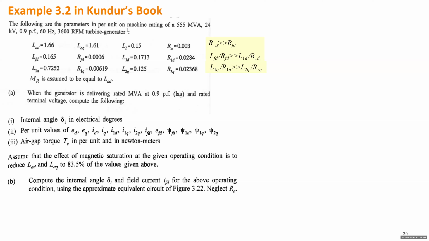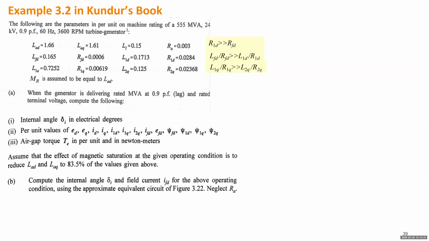Similarly, for this one, you consider the second damper winding. When you consider separate damper windings, if you calculate the ratio for the first one and the second one, the first one is much bigger than the second one. If you ask me why this is true, it's because that's how we number them. We make the one with the bigger ratio value number one, and the one with the smaller value number two.